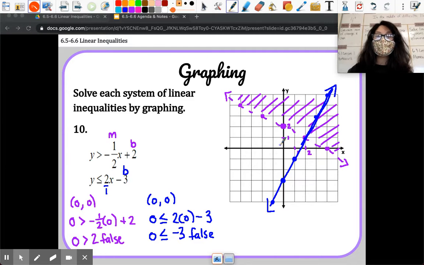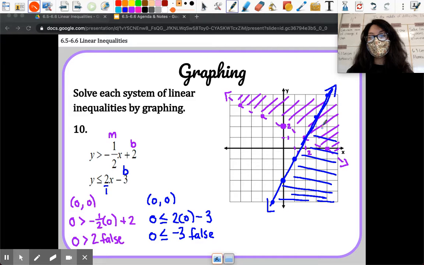So I want to shade the region of the graph that's kind of to the right of this line. And it's the entire half plane, including this bit right here. So to the best of my ability, I'm going to shade this part of the graph.